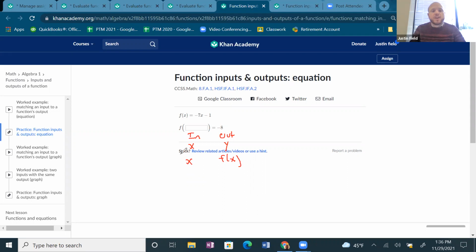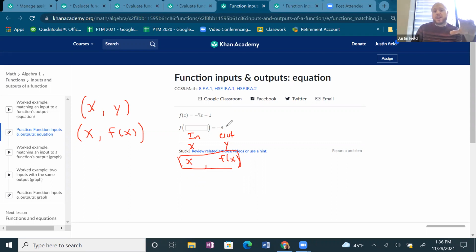This is another way to write function notation. Instead of x, y, we write x and f of x. So our ordered pair, in the old days of October, we wrote x, y. But now we're going to write x, f of x. Pretty cool, huh?